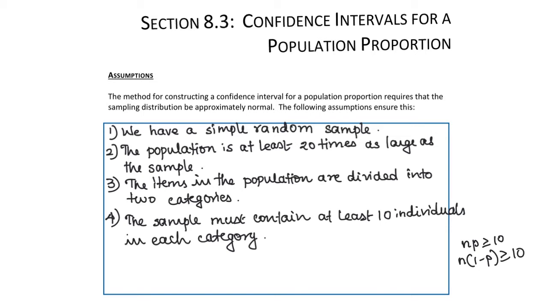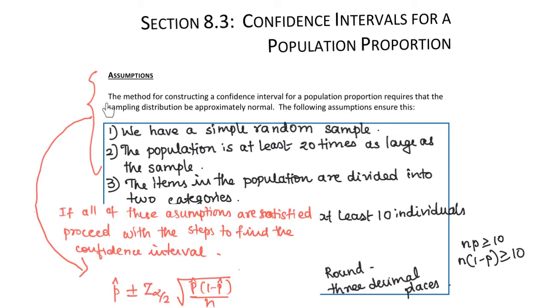When constructing a confidence interval for a proportion, round the final result to 3 decimal places. If all the assumptions are met, then proceed with the steps to find the confidence interval.